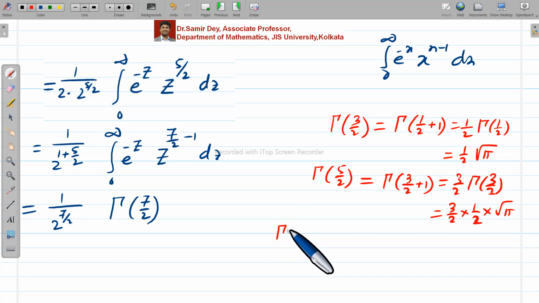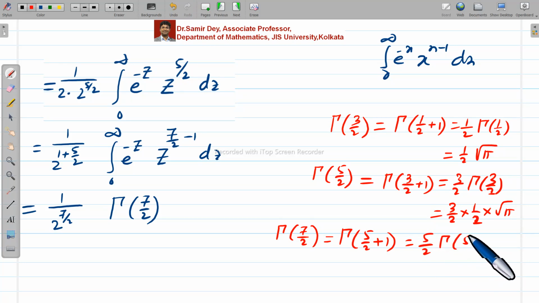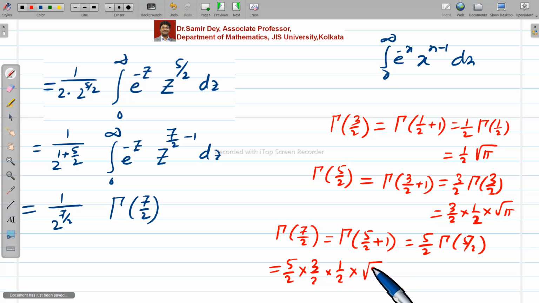Same way we can rewrite gamma 7 by 2 as gamma of 5 by 2 plus 1, which is 5 by 2 gamma 5 by 2. So what is your gamma 5 by 2? It is coming 5 by 2 into 3 by 2 into 1 by 2 into root pi.